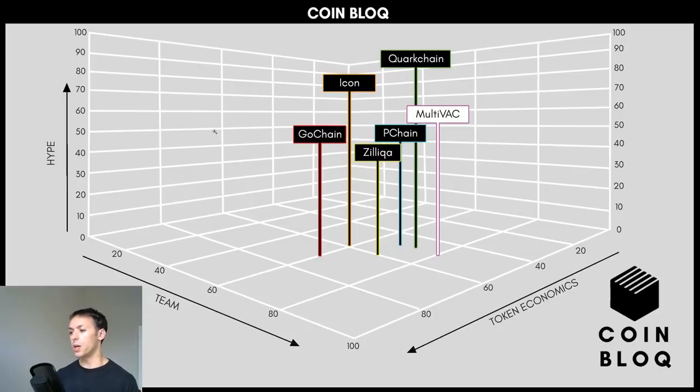This essentially creates a knock-on effect for those that missed the boat with the recent QuarkChain, Icon, and Zilliqa ICOs. FOMO is a very powerful emotion, and it's no more powerful than in ICO investing. The MultiVAC project has over 20,000 users in its Telegram group, but it's listed only once on top 7 ICOs.